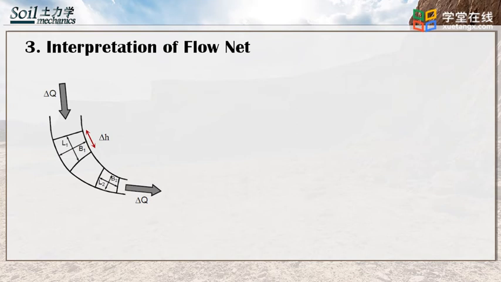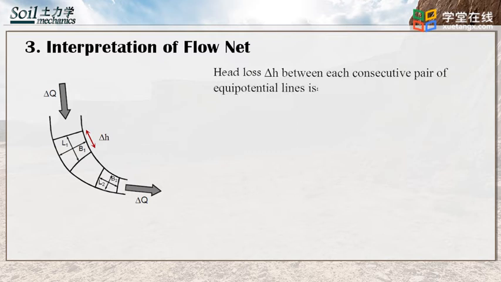According to the features of the flow net, the head drop delta H between each consecutive pair of equipotential lines equals the head difference between upstream and downstream sides, Delta H, over the number of the equipotential drops ND. Based on Darcy's law, the flow rate in the channel equals the coefficient of permeability times the cross-section area A and the hydraulic gradient.